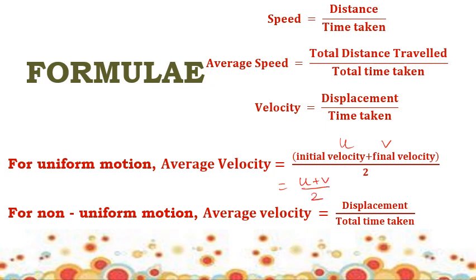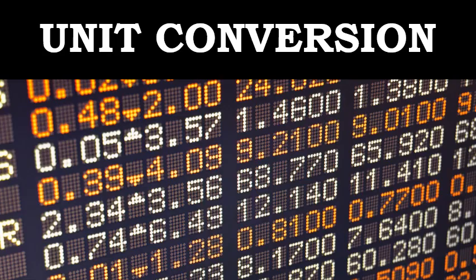For non-uniform motion, it is similar to average speed, where we calculate the total distance; here we find the displacement divided by the total time taken. These are the formulae we will be using in the upcoming numericals.